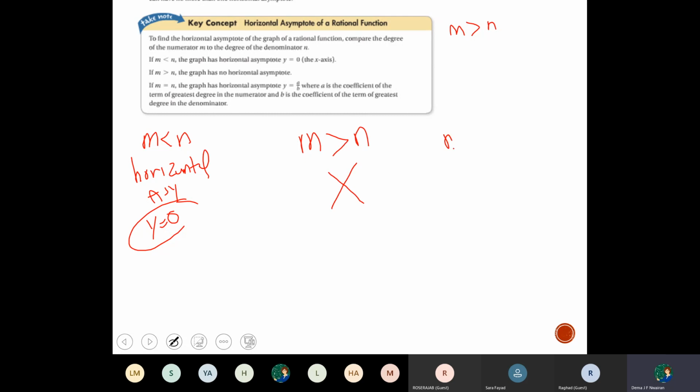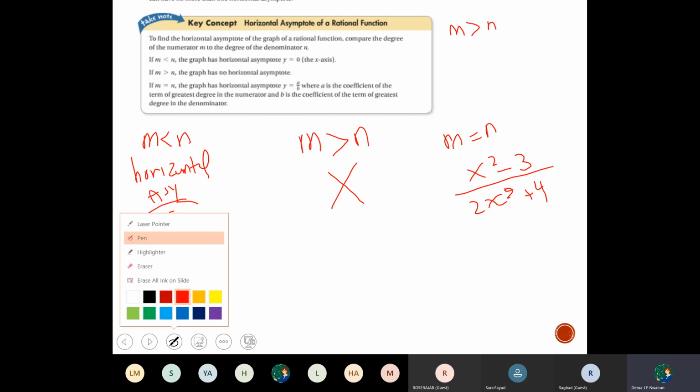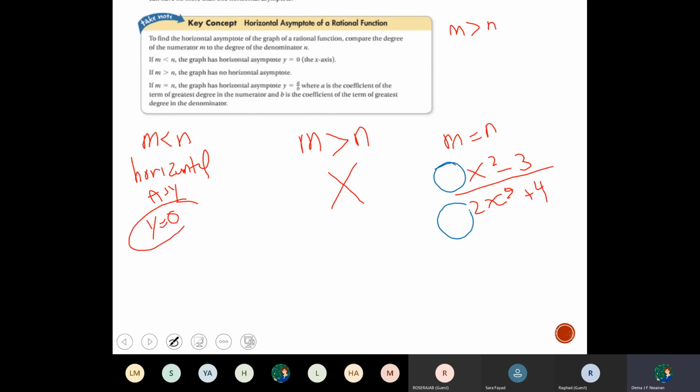But if m is equal to n, like x squared minus 3 over 2x squared plus 4 as an example, I will look at the coefficients here and here. What is the coefficient of x squared? It is 1. And what is the coefficient of the denominator? It is 2.